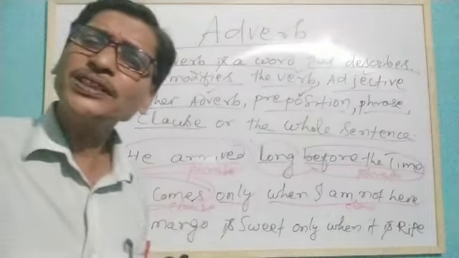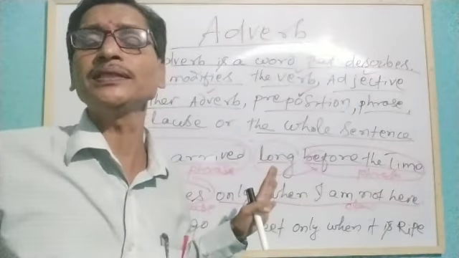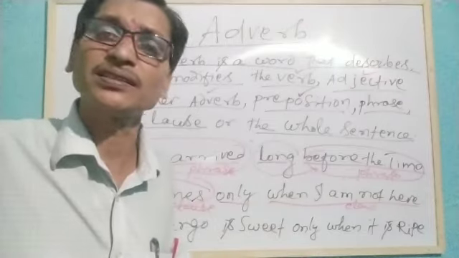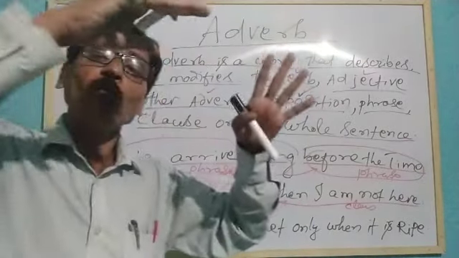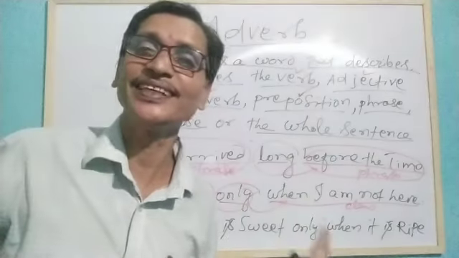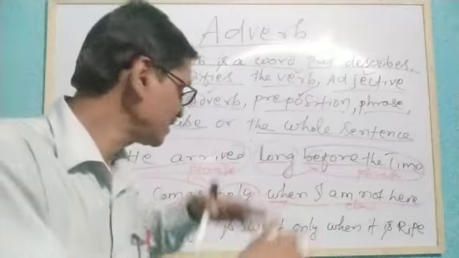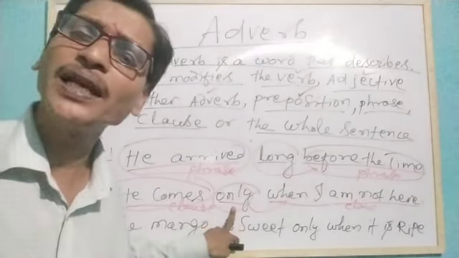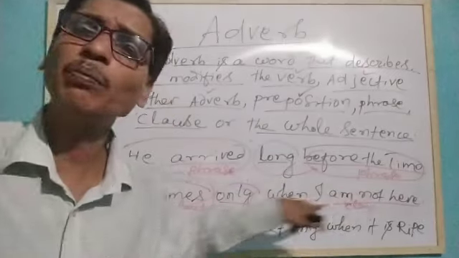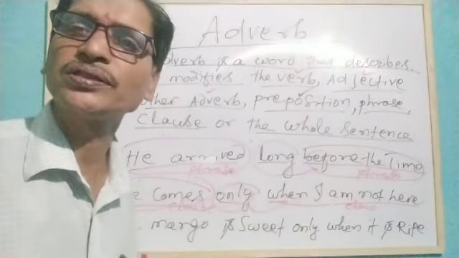That means he comes in my absence, not in my presence. So here this only is modifying the clause only when I am not here. The meaning of this clause is modified by the word only, which functions as an adverb because it modifies the meaning of a clause.